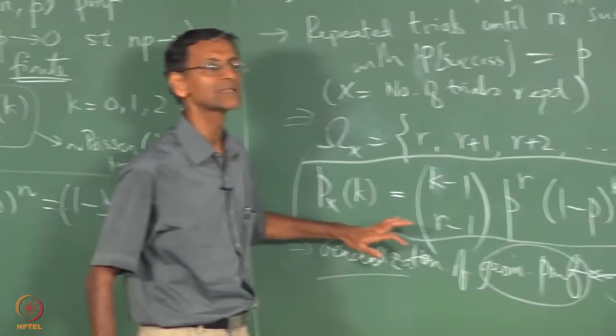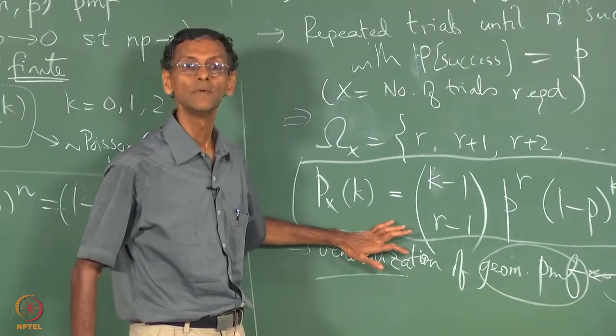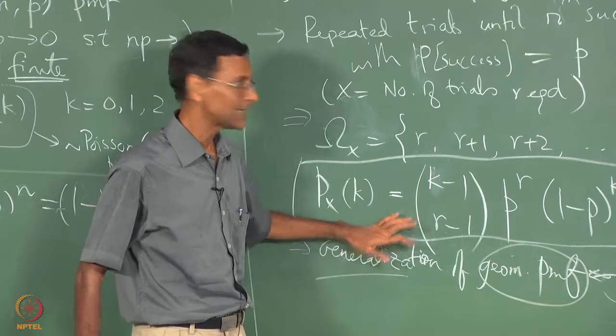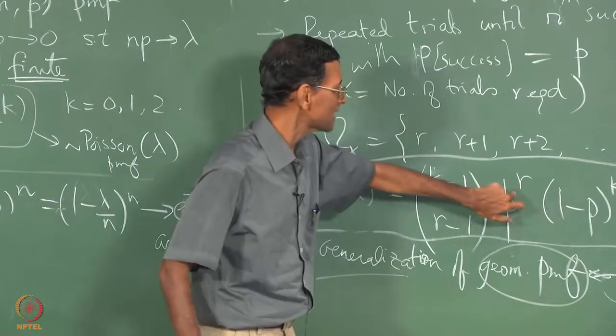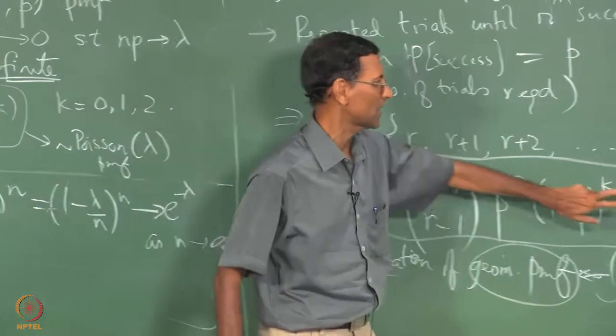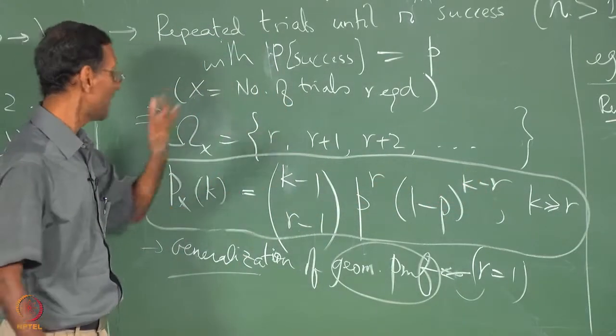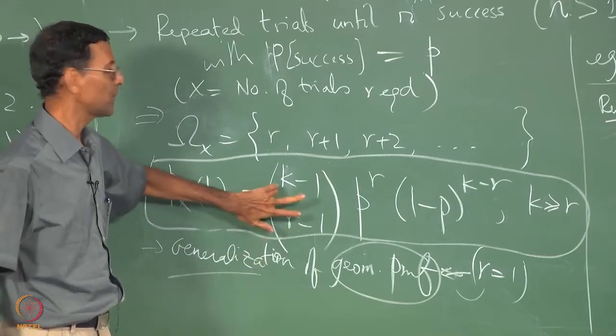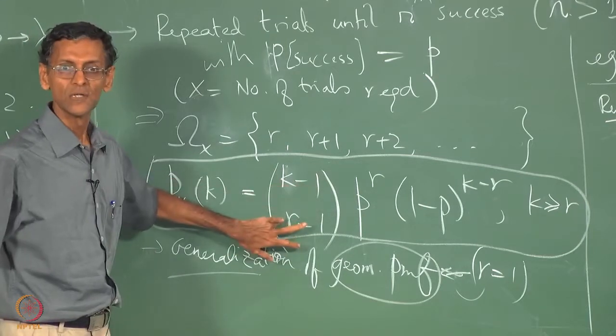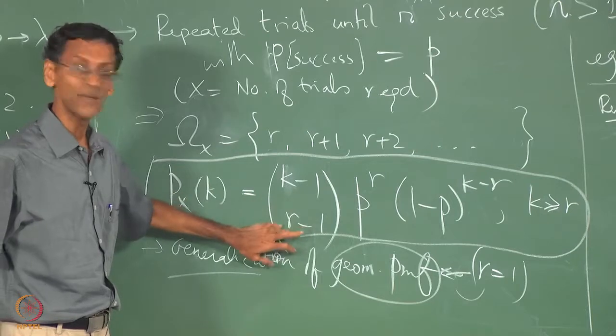Everybody in this class should be able to reason this out. Once again, you have exactly r successes in k trials, so you have p to the power r times 1 minus p to the power k minus r. The last one is a success, and you have r minus 1 successes in k minus 1 trials, so you can choose these locations in this many ways.